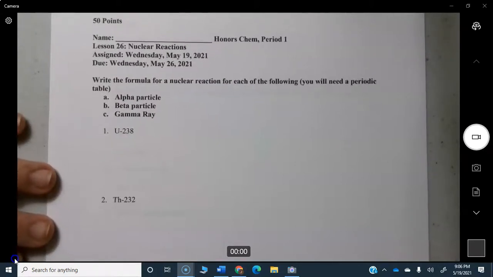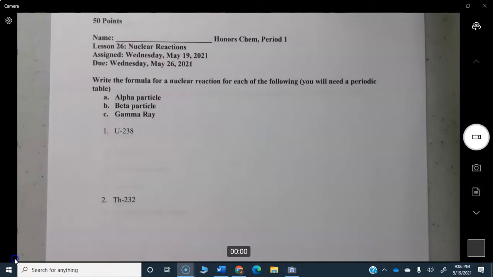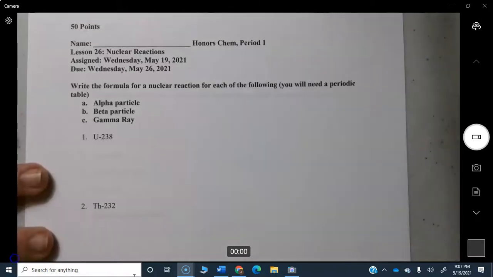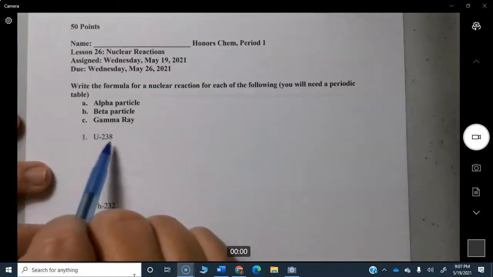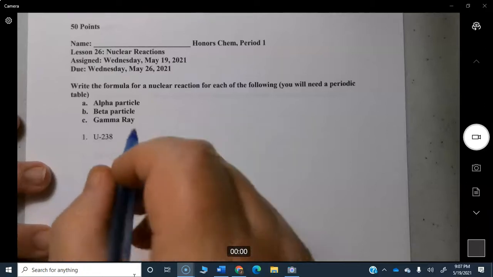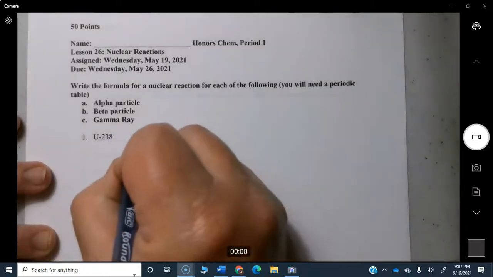So the instructions for this first set of problems are to write a formula for the nuclear reaction for each of the following. You're going to need a periodic table. We're going to begin with uranium-238.